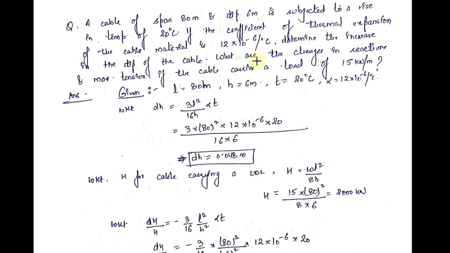So the increase in the depth of the cable is 48 mm. Now there is one more part. What are the changes in reactions and maximum tension if the cable carries a load of 15 kilonewton per meter? Now in this question it is given that the cable is carrying a load of 15 kilonewton per meter. Now we know that there are two reactions which are produced.